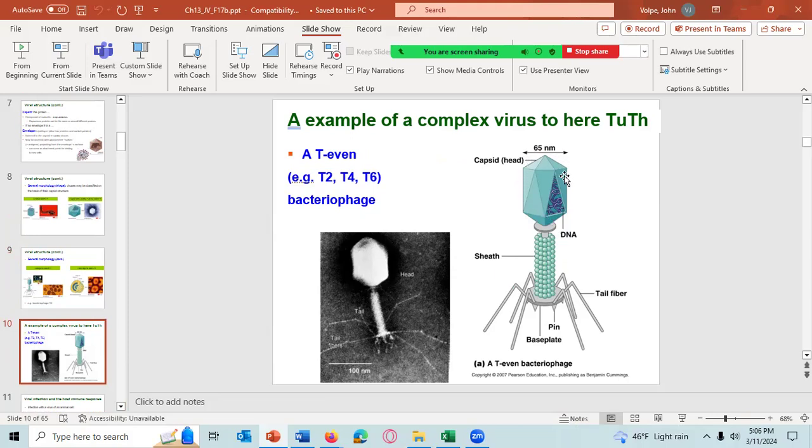It'll have at least one protein in the head, at least two in the sheath, meaning the inner core and the outer core, and then at least one protein for the tail fiber, probably a different protein for the tail pins, and then probably two proteins for the base plate, one for the pin and then one for the base plate. Any questions about any of that?